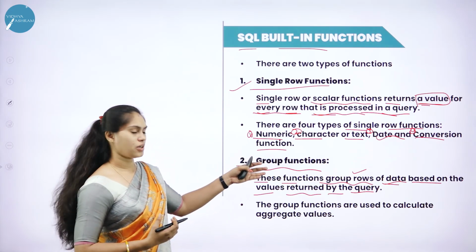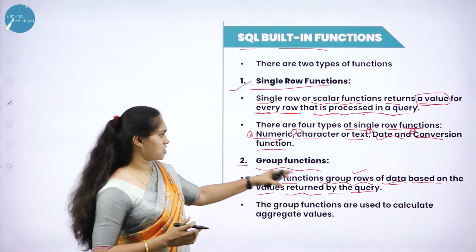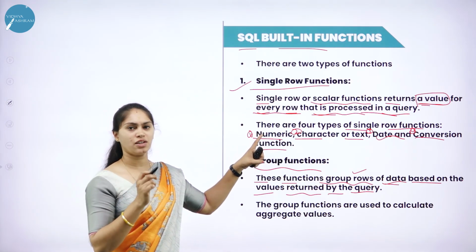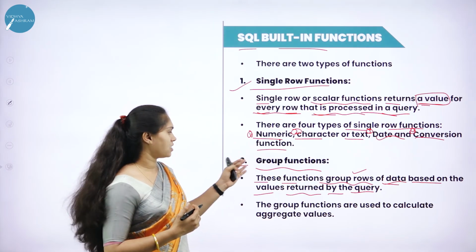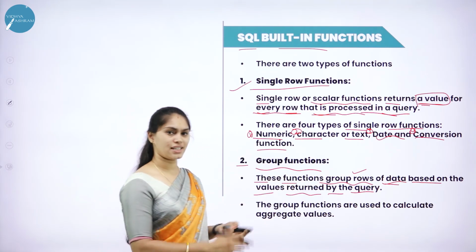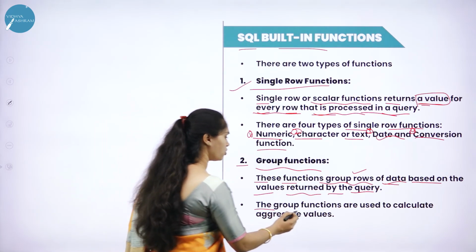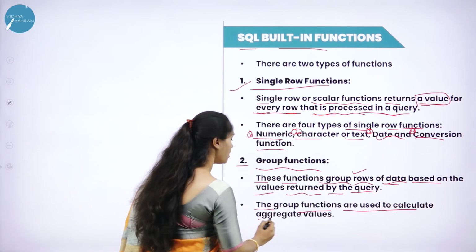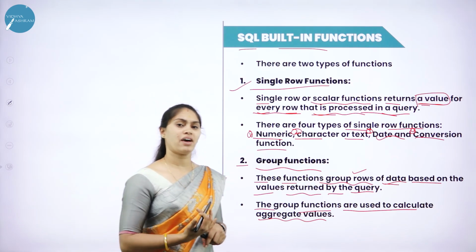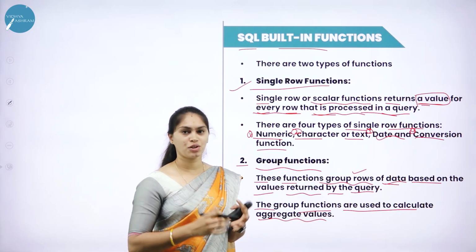So it will give a group of values instead of a single value. If it is a single row function, it gives a single value. If you use a group function, it combines the grouped rows of data and then returns a value. Group functions are used to calculate aggregate values related to minimum, maximum, average. So those are the group functions.